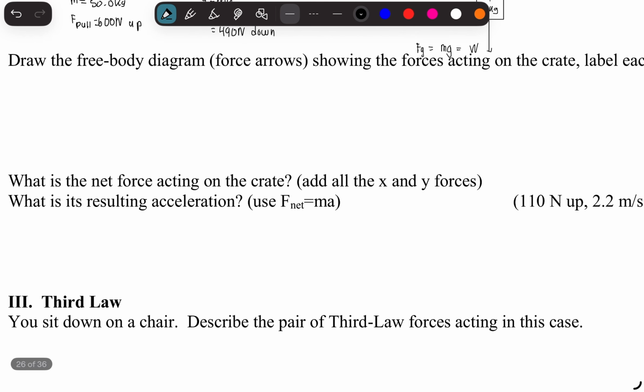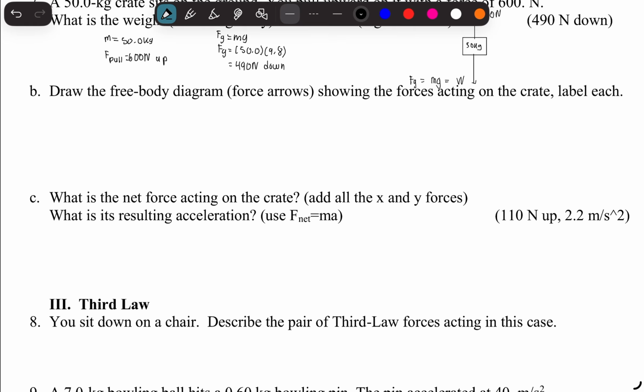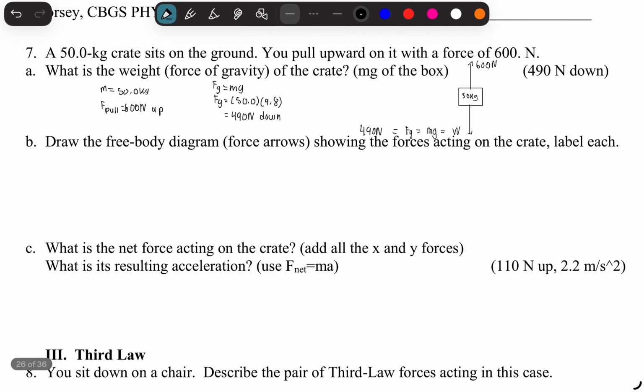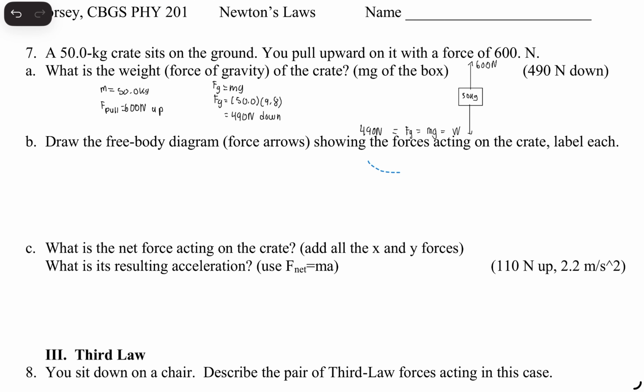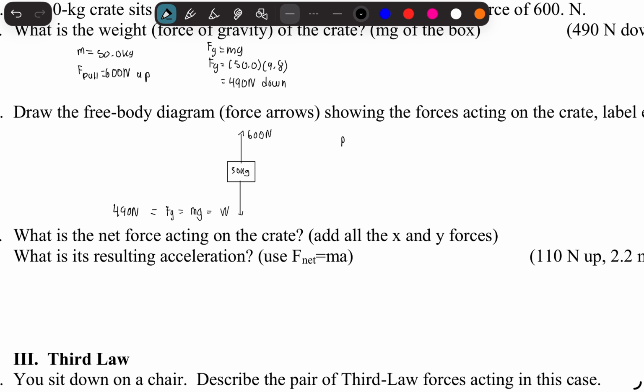Draw the free body diagram showing the forces acting on the crate and label them. You have the weight, 490 newtons downward, and your pulling force is 600 newtons up. And we know that since the pull is greater than the weight, the crate will lift off the ground.